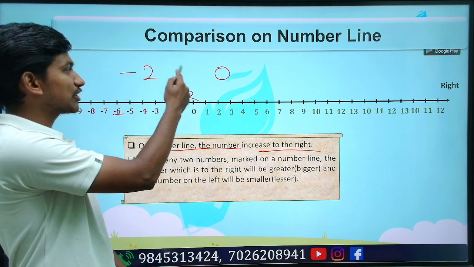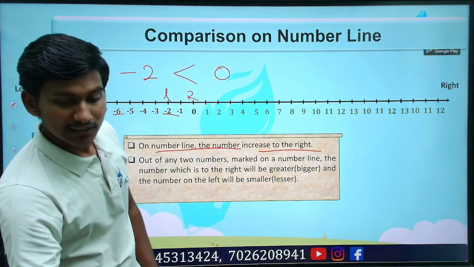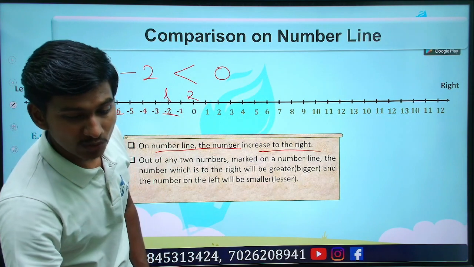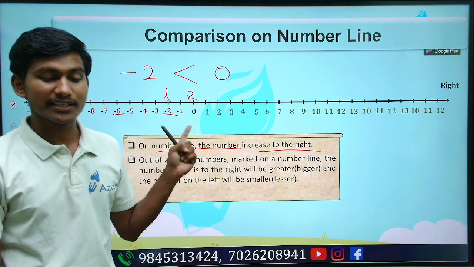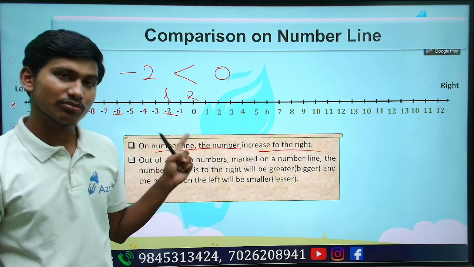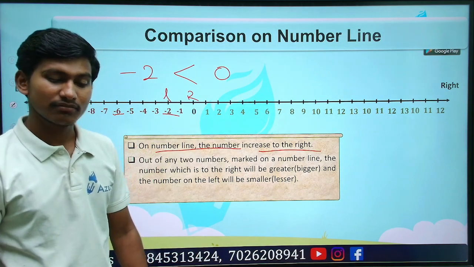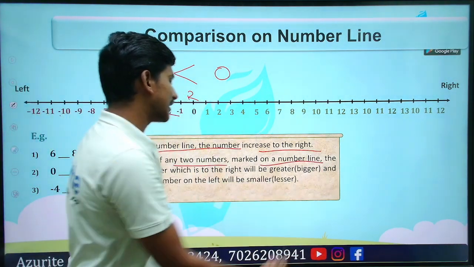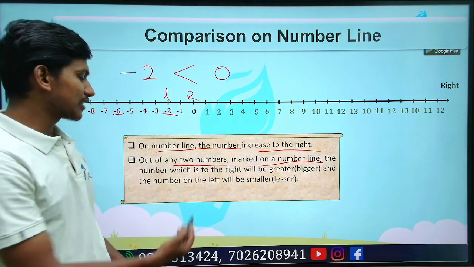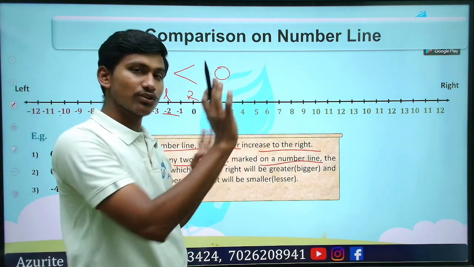So 0 will be bigger, and minus 2 is smaller because it is minus. Will everyone remember this? Good. Out of any two numbers marked on the number line, the one on the left side will be smaller and the one on the right side will be bigger.